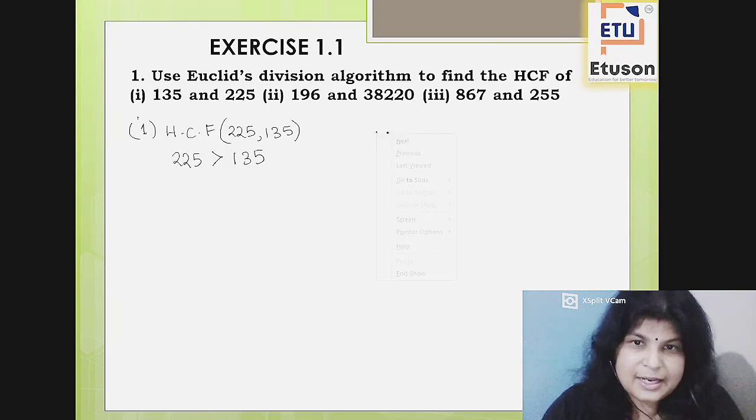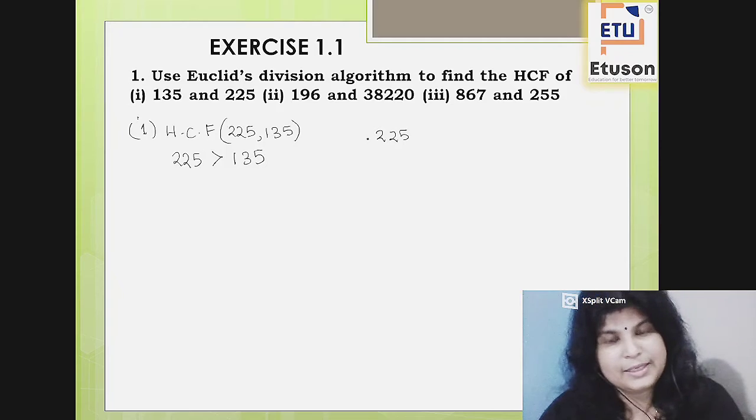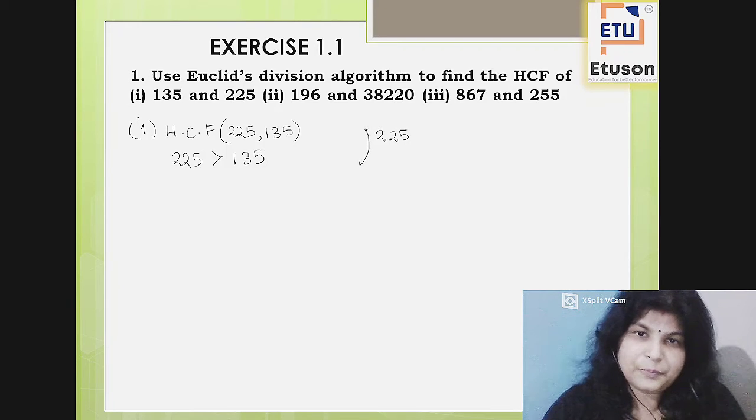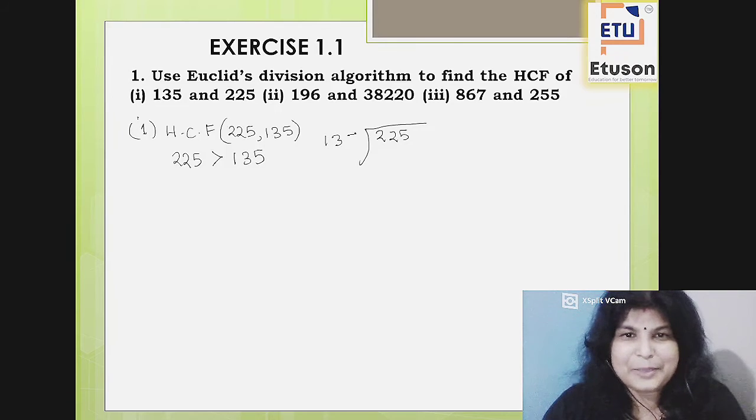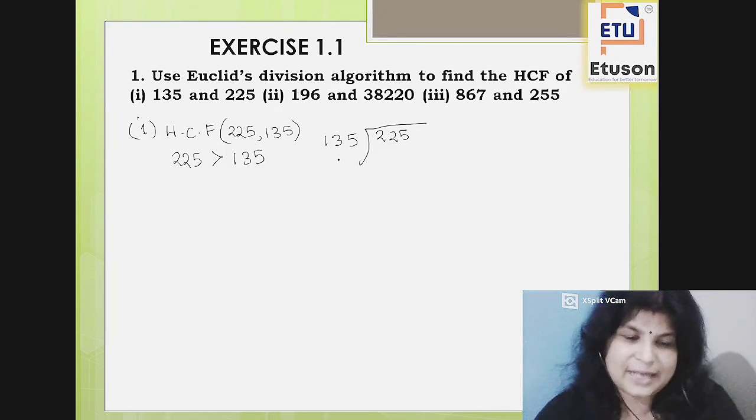For better understanding, I am writing it in the form of division, so that you will come to know what should be taken as quotient and what should be taken as remainder. I know all this, but still for better understanding I am just writing it up.